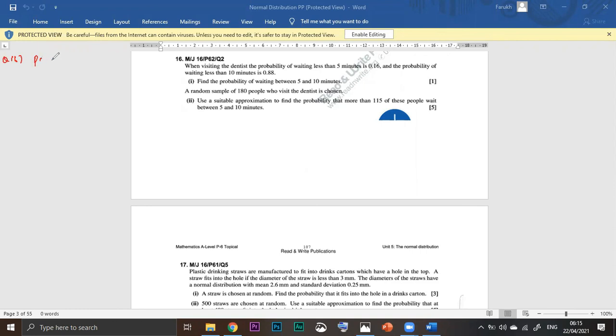Probability x is less than 5 is equal to 0.16, and the probability of waiting less than 10 minutes is equal to 0.88. There are two conditions given, and we will use the table in the reverse order, and we will find out the values of mu and standard deviation. The time is short.